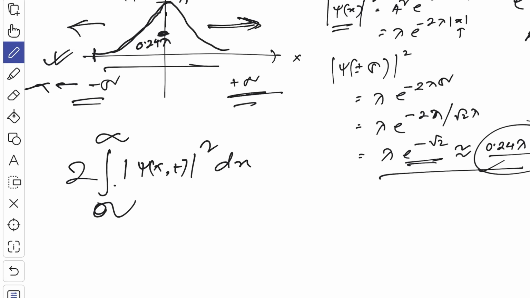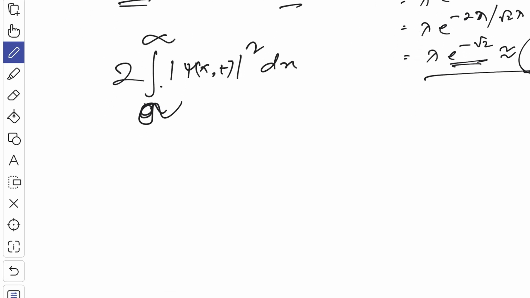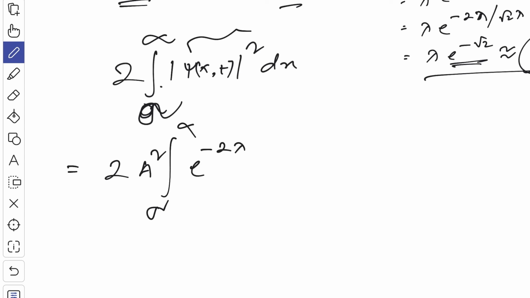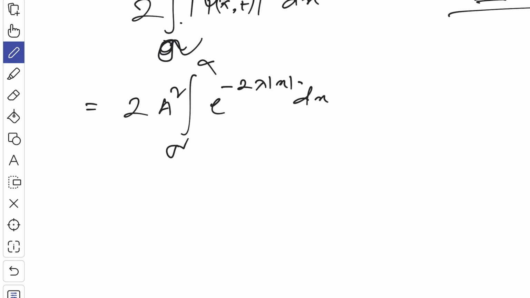If you consider that, then what will happen? This is 2, and its value is nothing but a square. So here, 2 times the integral from sigma to infinity of a square e to the power minus 2 lambda mod of x dx. Then a square we have already got, that is lambda.